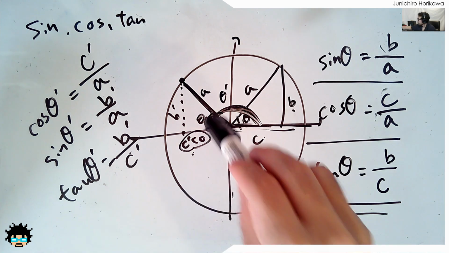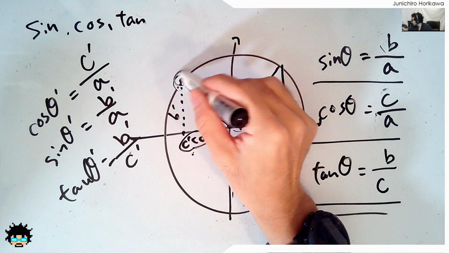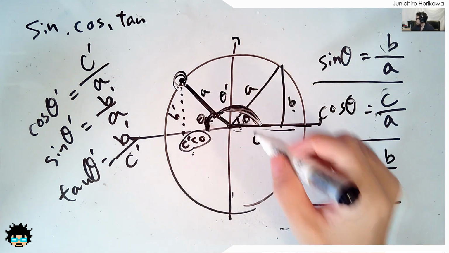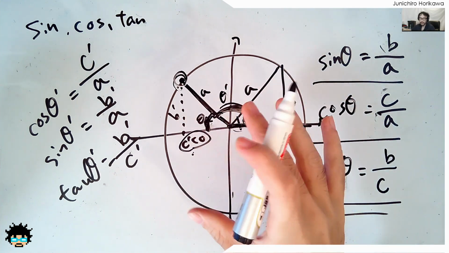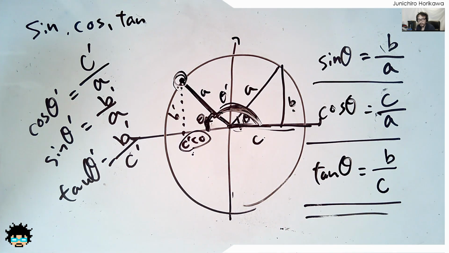And it's pretty useful this way because you can estimate the position of a point coordinate on a circle by providing the angle information, in this case theta.